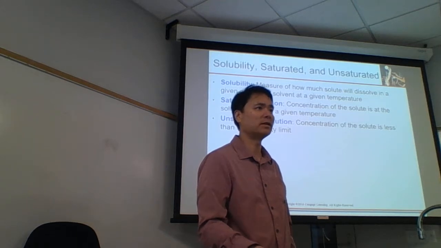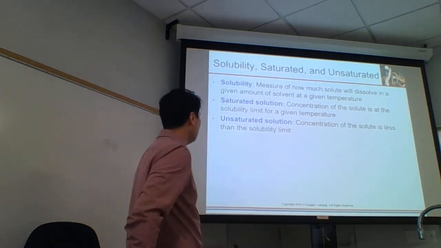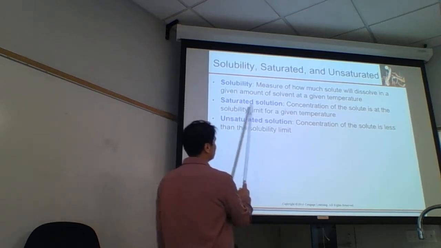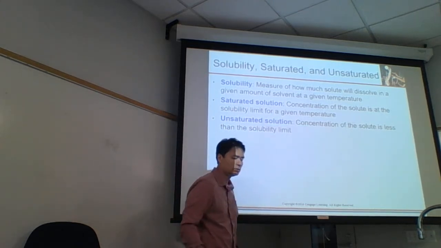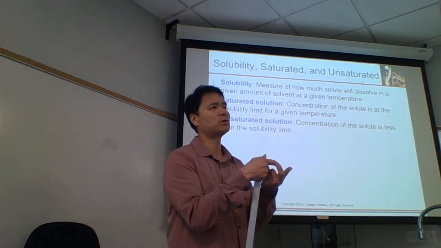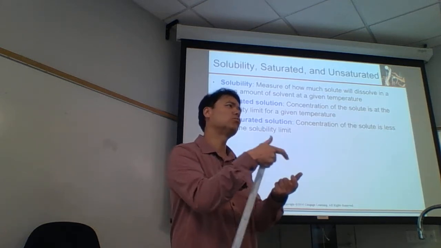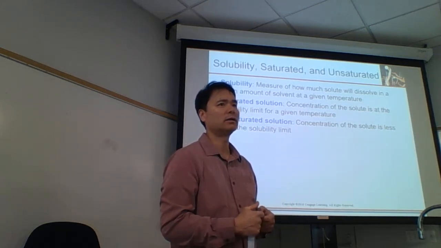Although some people might say give 200% effort. But there's a limit. And that limit is when it becomes saturated. When it becomes saturated, you can't dissolve any more. So if I take 100 milliliters of water and dissolve 36 grams of sodium chloride, it's saturated. It can't take any more. If I try to stuff in 1 more gram, it won't take it.